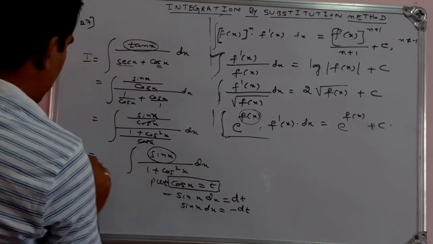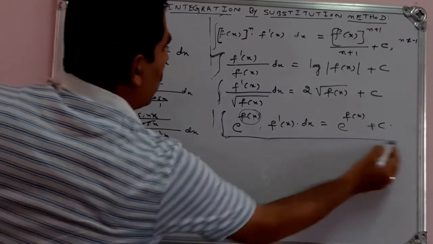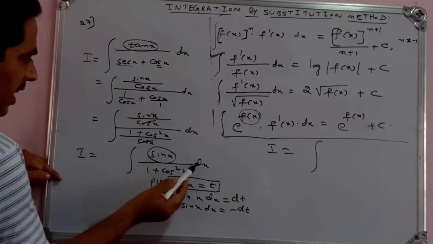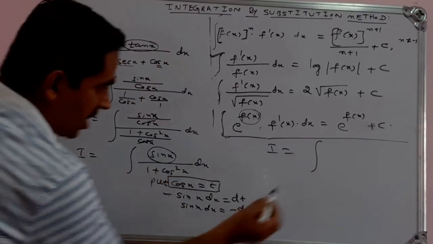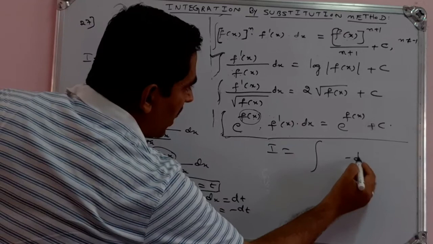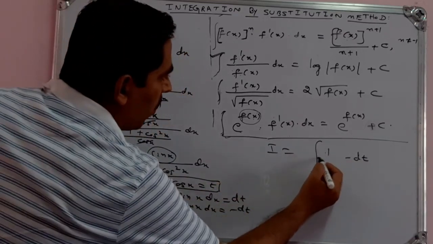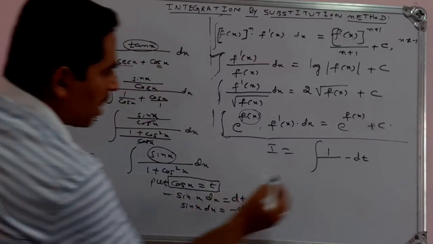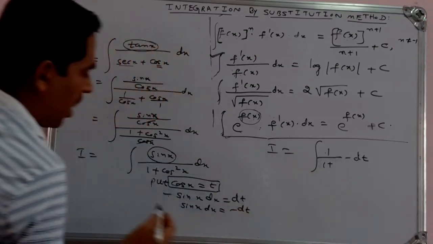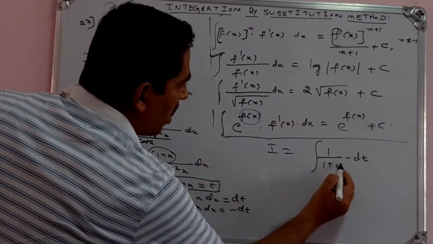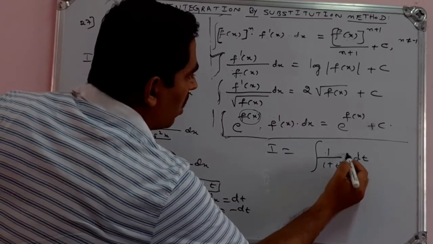Then I becomes integration of, numerator sin x into dx, which is minus dt, then 1 by 1 plus cos square x. Cos x is t, so if I substitute t, I get t square.